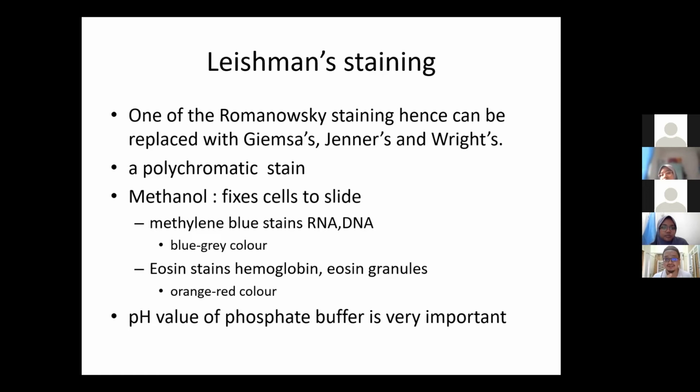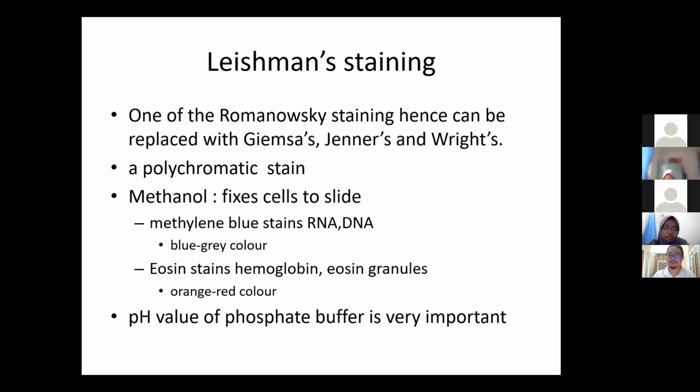Awak tengok nama Romanowski staining ni: Giemsa, Jenner, Wright's, and then Leishman's. Okay, these stains are named after those who first formulated them. So macam Leishman's, he was a Scot, orang daripada Scotland. Apa nama dia tak ingat lah, tapi Leishman lah nama dia. So he formulated this, and we use this in the hematology lab often.